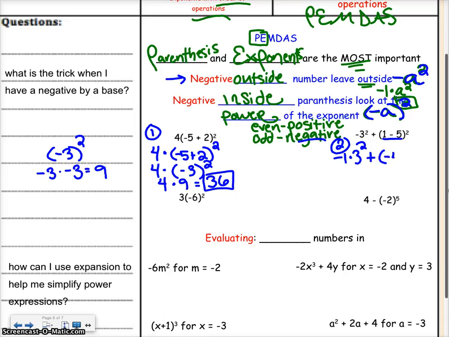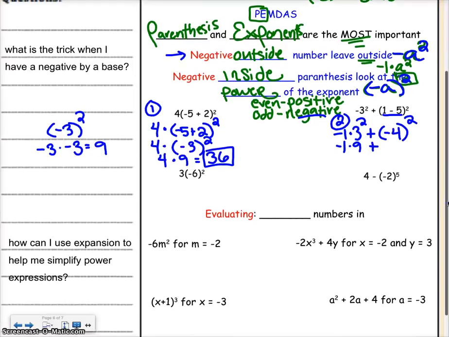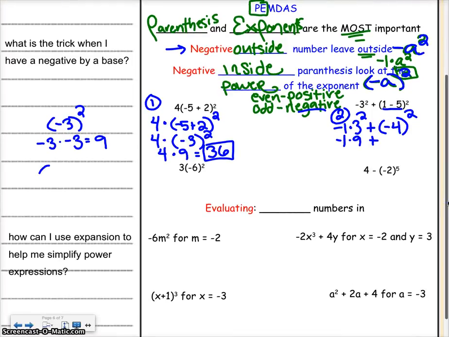That's negative 4 squared, which turns into negative 1 times 9 plus, now I've got to evaluate negative 4 squared. Since the negative is inside parentheses, it follows it along. So negative 4 squared is equal to negative 4 times negative 4, which is a positive 16.